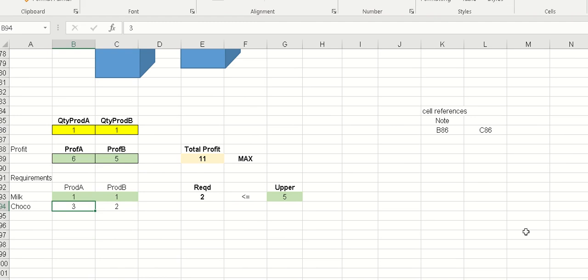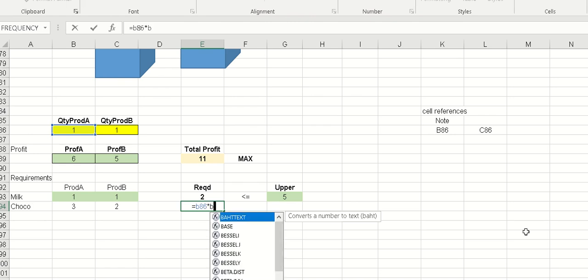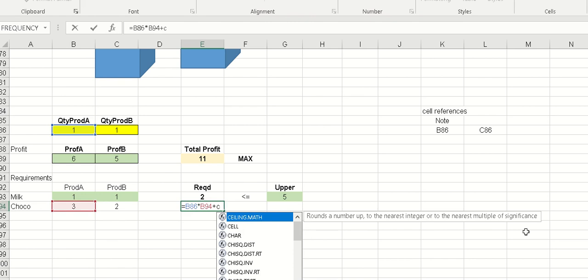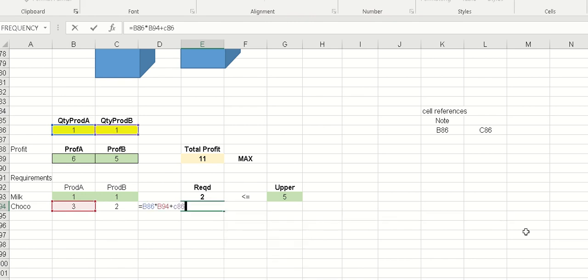And so here, the requirement therefore would be equals B86 times B94 plus C86 times C94, and this is also colored green.